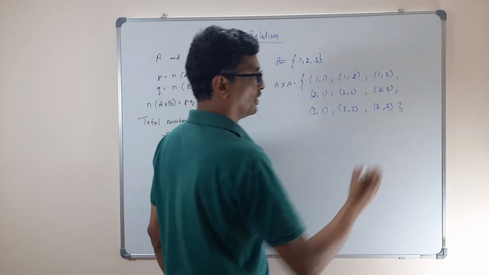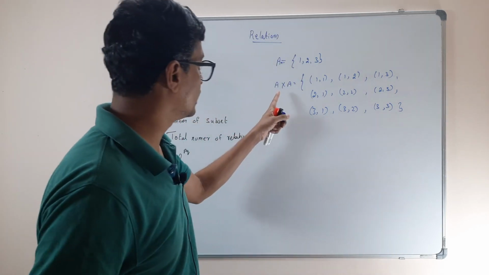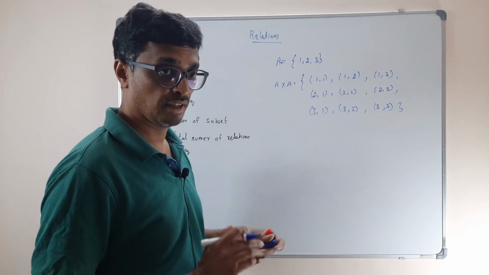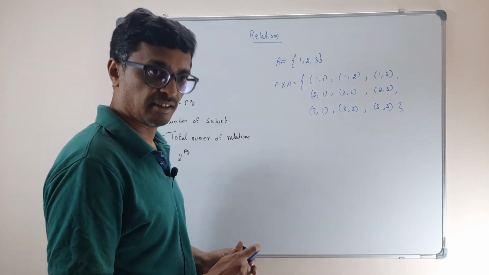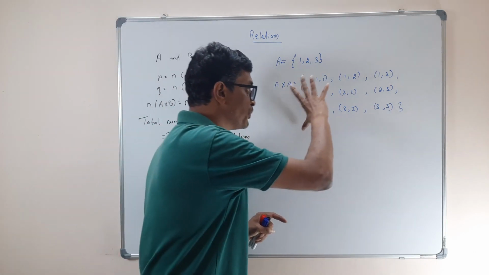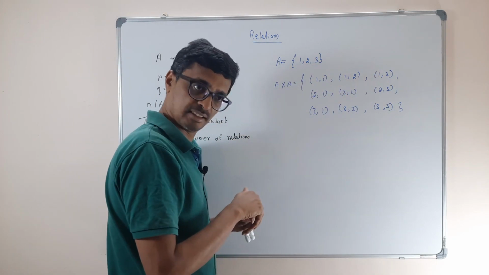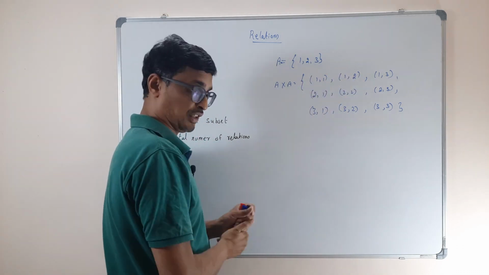That's all. This is the cross product of A. Now all binary relations are going to be a subset of this. Clear? Am I right or wrong? Any binary relation is going to be a subset of this.